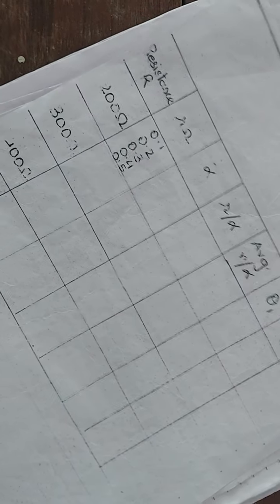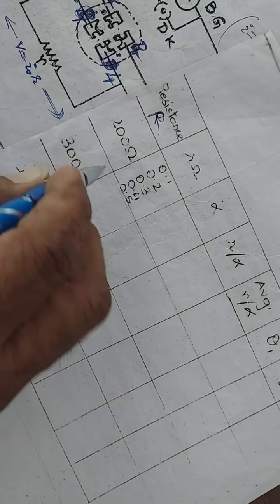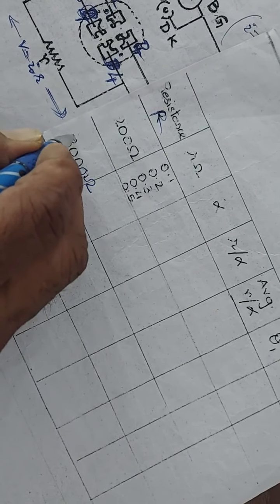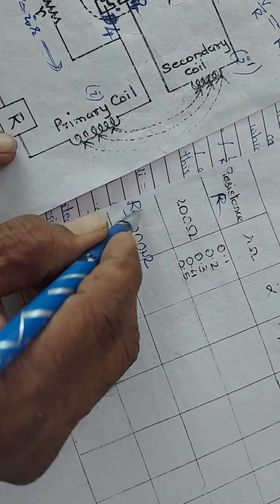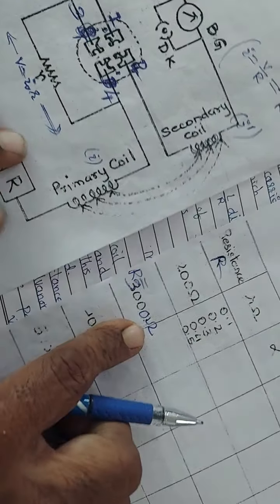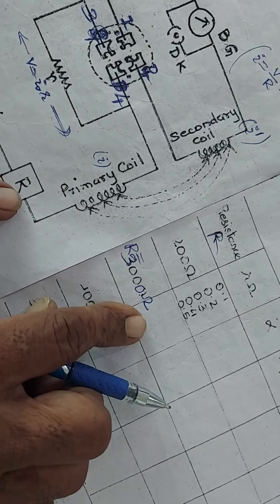Okay. Now how to take the observations? Suppose you take capital R as 3000 ohm. There are two parts. First you take capital R is equal to 3000 ohm.